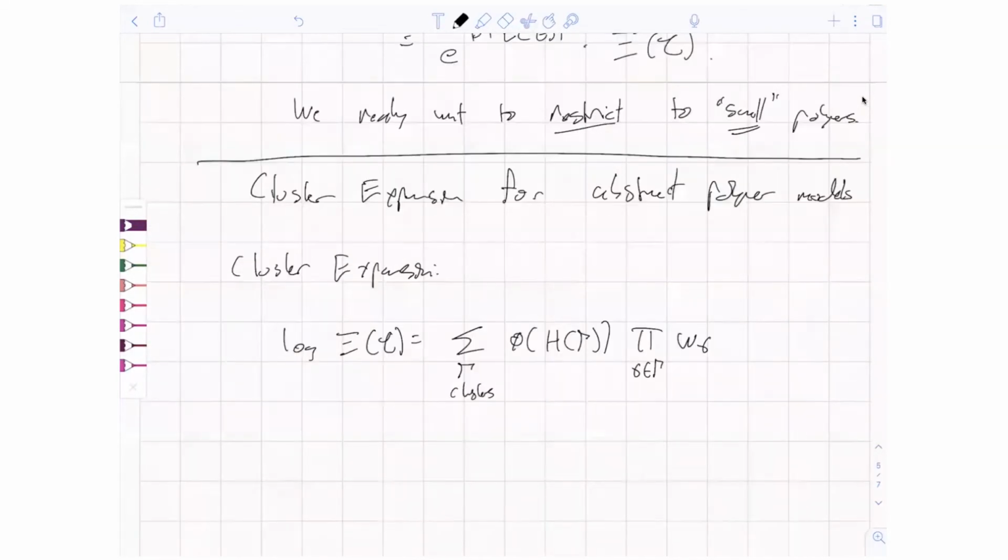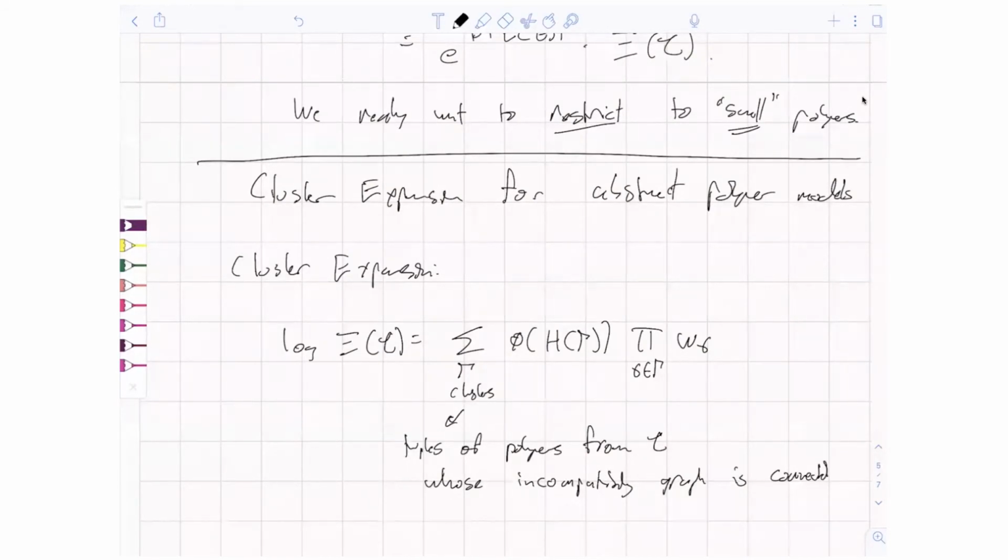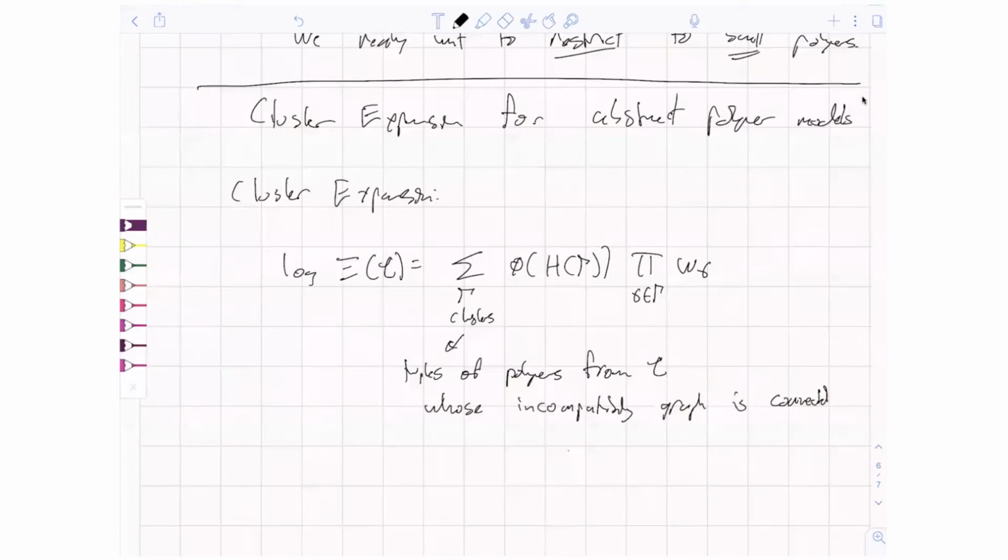And here clusters are tuples of polymers from the set of polymers whose incompatibility graph is connected. And here, this incompatibility graph is according to whatever compatibility relation defines our polymer model. So really, it's exactly the same thing.